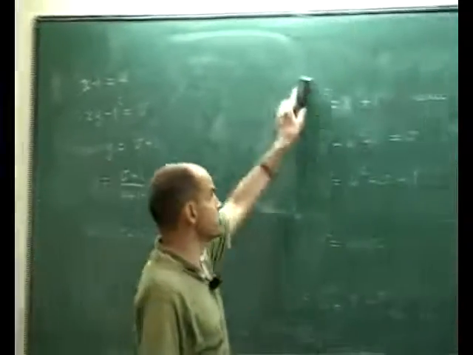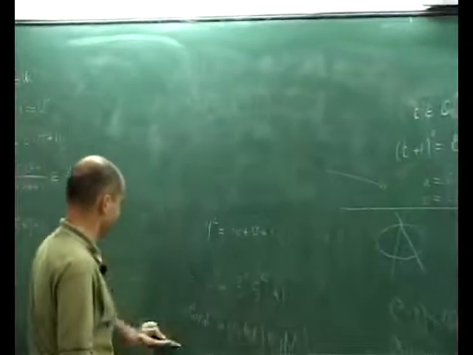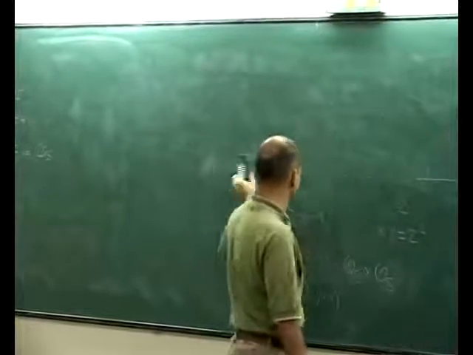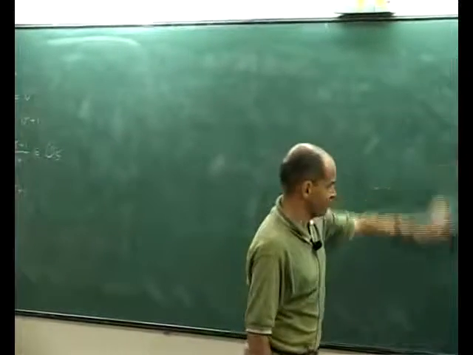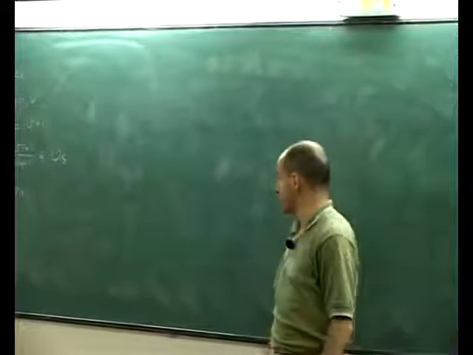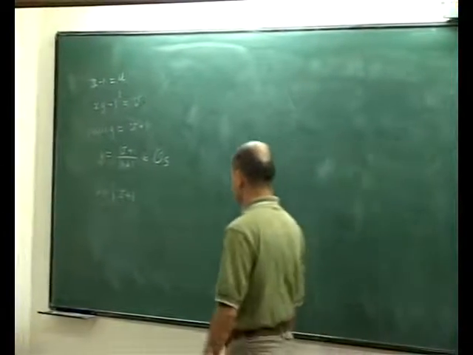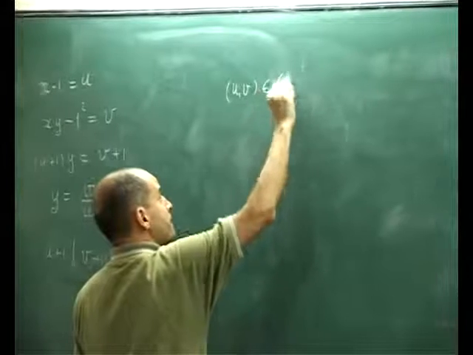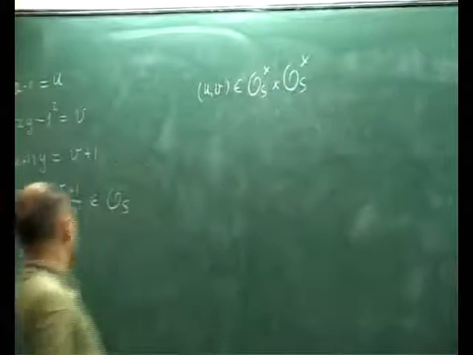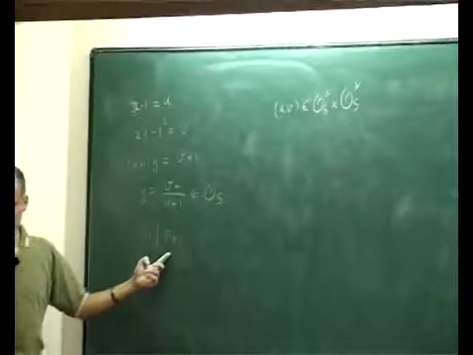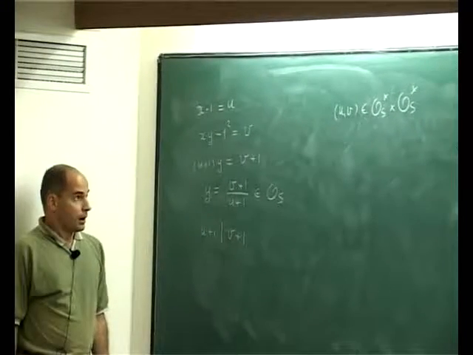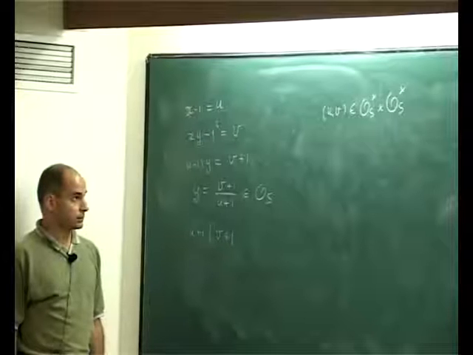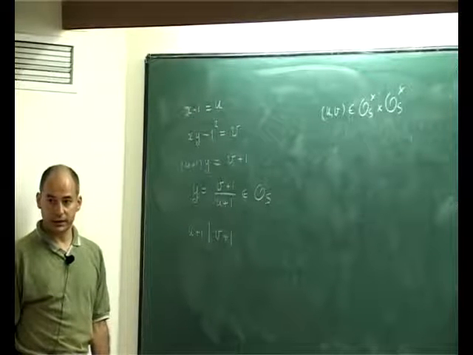So integral points in this case correspond to pairs of units satisfying this divisibility condition. And it's easy to see that they form a Zariski-dense set in the plane.